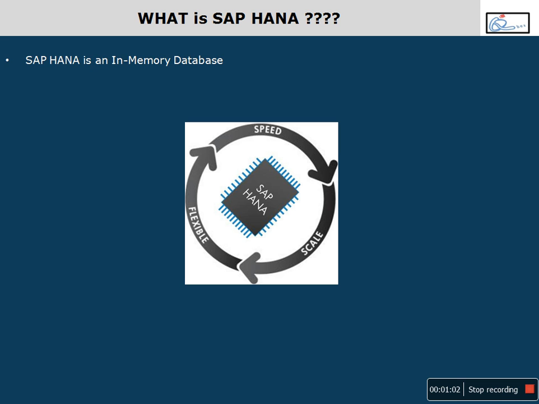It stores data in main memory, RAM, and it also processes the data in main memory. It's just like any other database, but the only thing is that you process and store your data in main memory. That's what SAP HANA is.